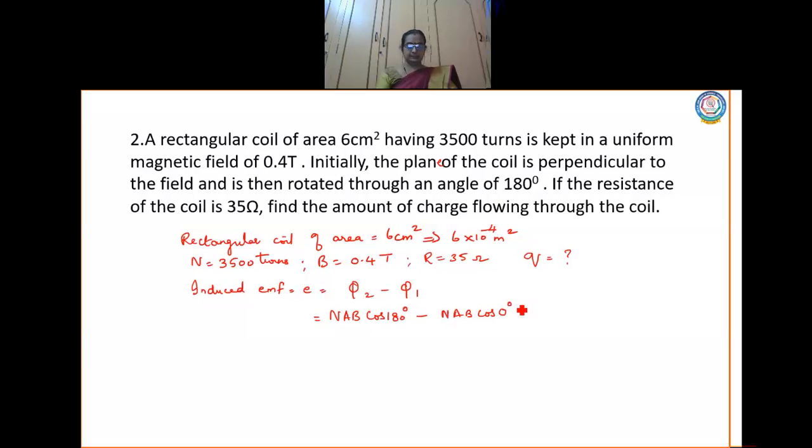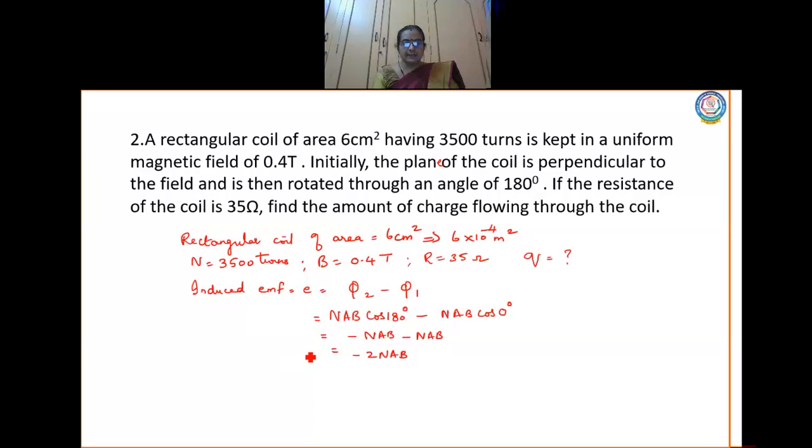Am I right? Cos 180 is minus 1, children. Cos 0 is 1. So here I have minus NAB minus NAB, which is minus 2 NAB, which is the induced EMF.